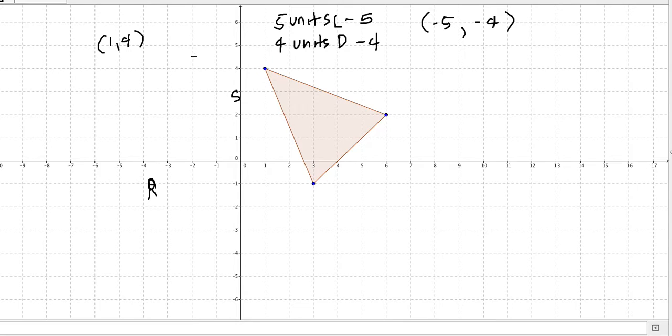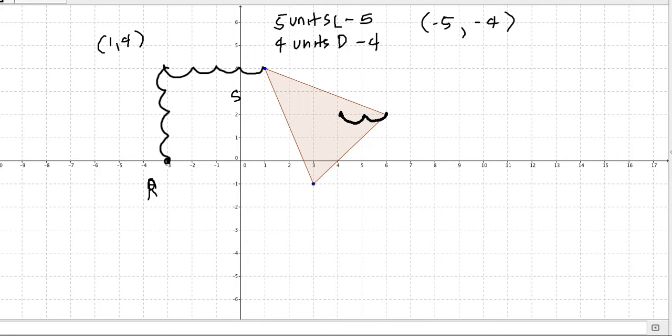So this is 1, 4, and we want to move it 5 units to the left, so from that point we do 1, 2, 3, 4, 5 units to the left, and then 4 units down, 1, 2, 3, 4. So that's our new point right there. Then we move every single vertex 5 units to the left and 4 units down.